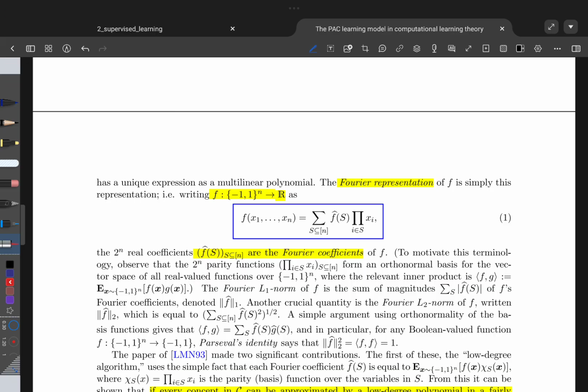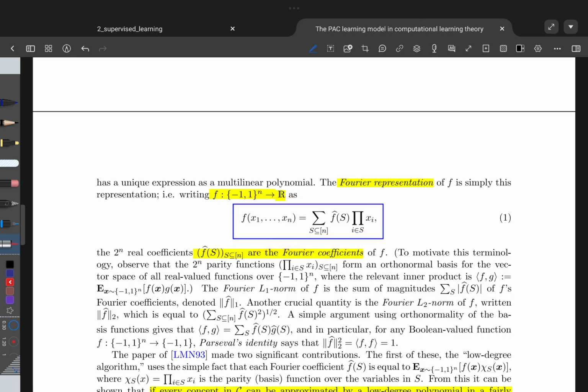So instead of choosing the domain to be R, you can choose, say, R^d, or the Boolean space, the Boolean hypercube to be more precise, or you can also generalize it to arbitrary abelian groups. All right, and there's a rich theory of Fourier transforms for such abstract sets. And using this, you can also devise efficient learning algorithms.